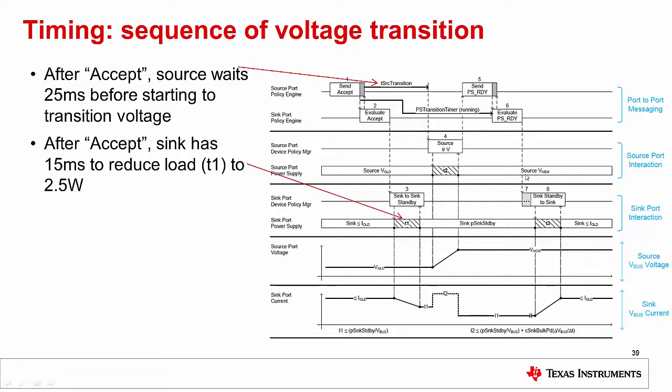Upon reception of that message, the sink sees that, and only then does it increase its load. So after the voltage has reached its final point, the sink may still be sitting with a 2.5 watt load until it receives this message from the power supply saying that it's ready to supply the full current agreed to.